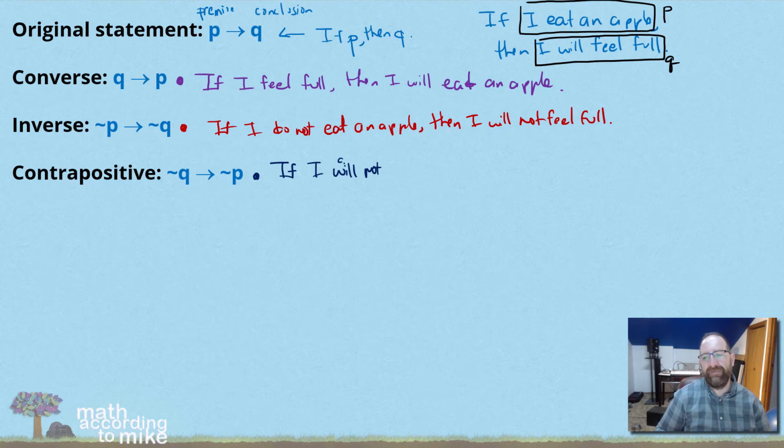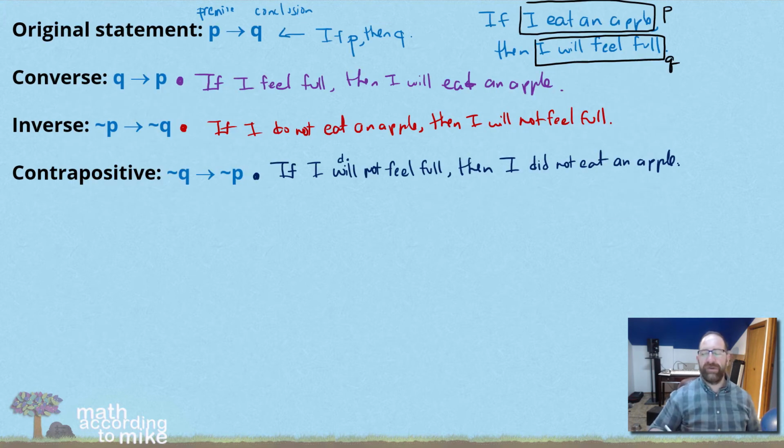If you want to say if I do not feel full, that's fine. Then not P will say then we can go past tense, did not eat an apple. Again, I'm not too concerned about semantics. Is the statement in the right location? In this case, did you also negate it? Great. Then you've completed the contrapositive.